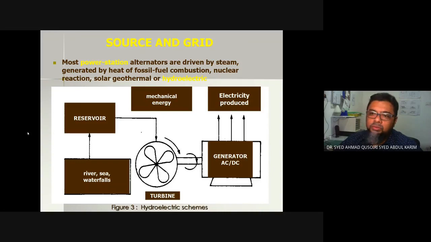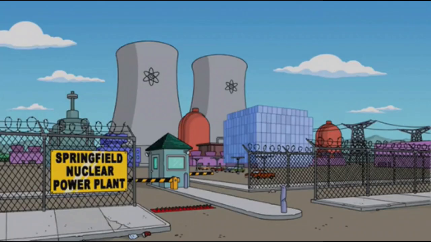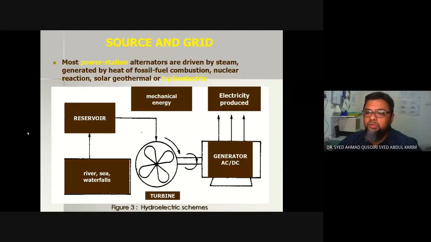We can also go for nuclear. Stesen jana kuasa nuklear tu, they are not using nuclear directly to produce electricity. They use nuclear to heat up the water that will generate steam that will turn the alternator.